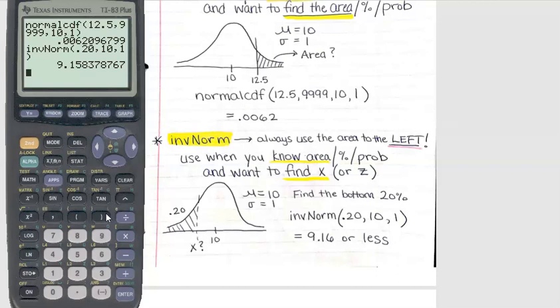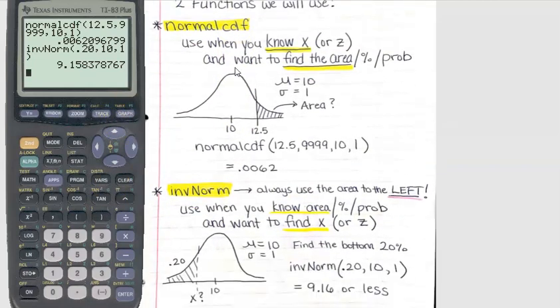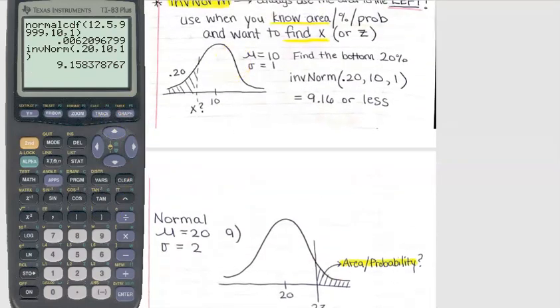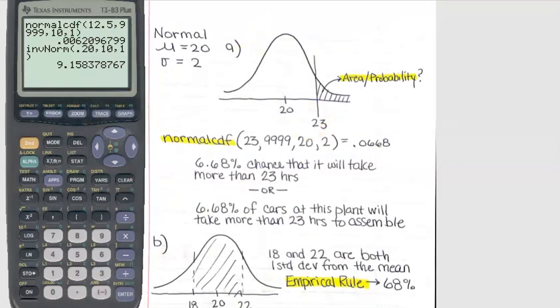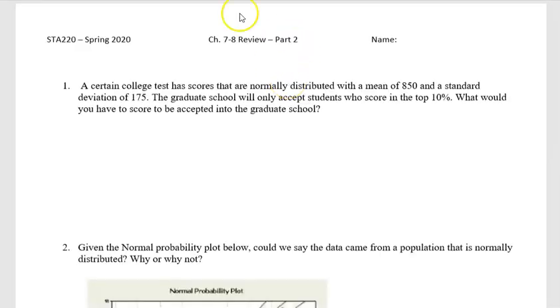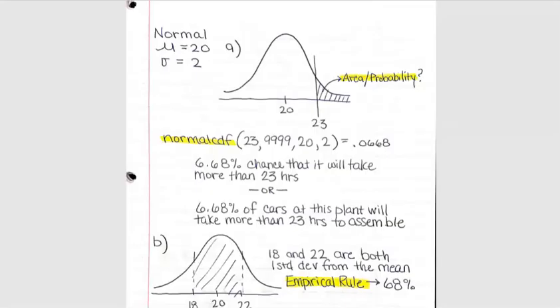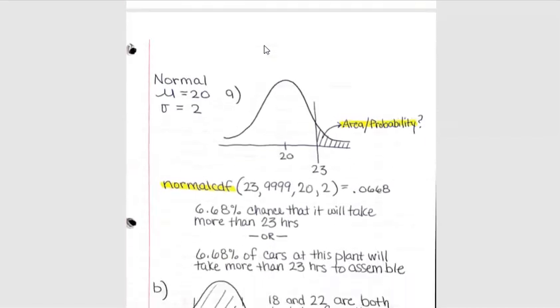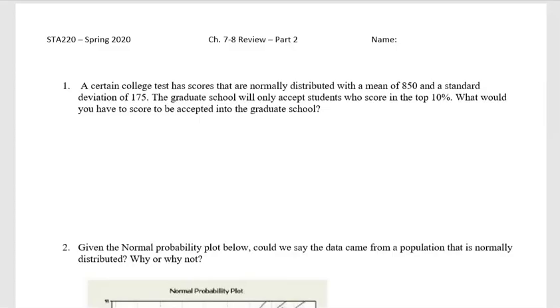And so that's how we'll use the inverse norm, and also how we use the normal CDF, right? So if we go to our practice test here, I'm trying to see, I think that actually was from the first part.